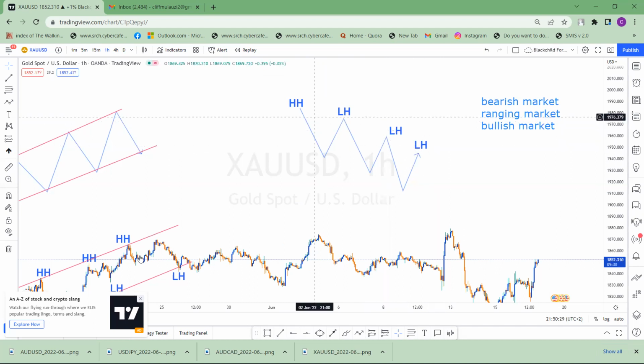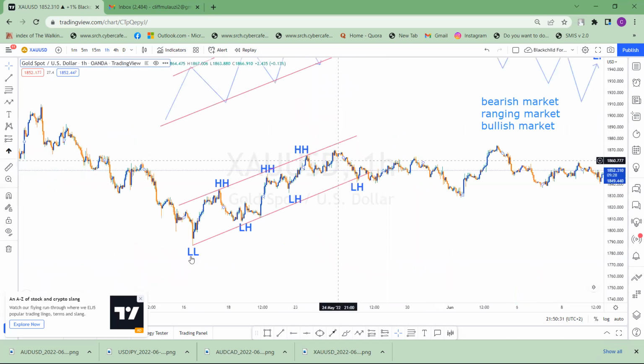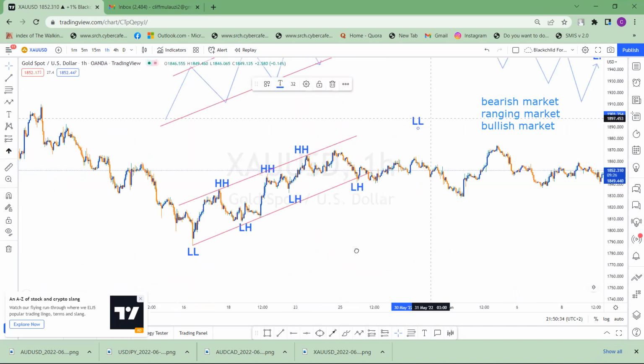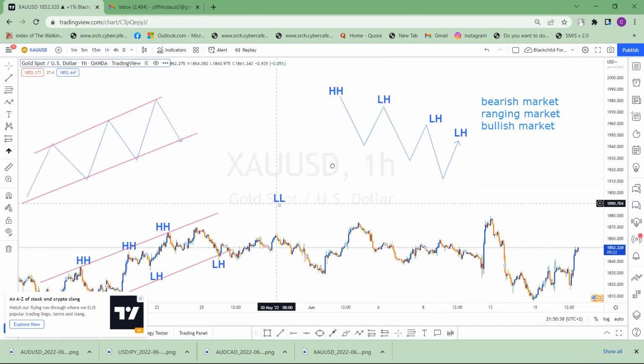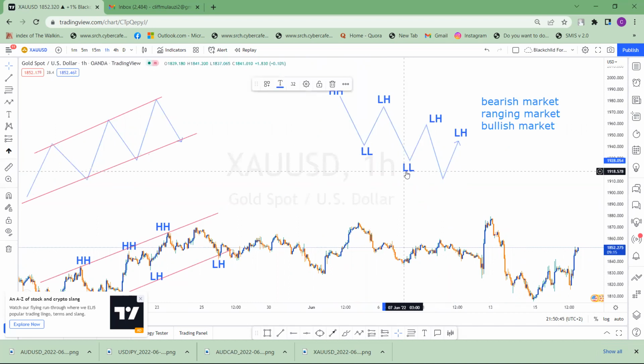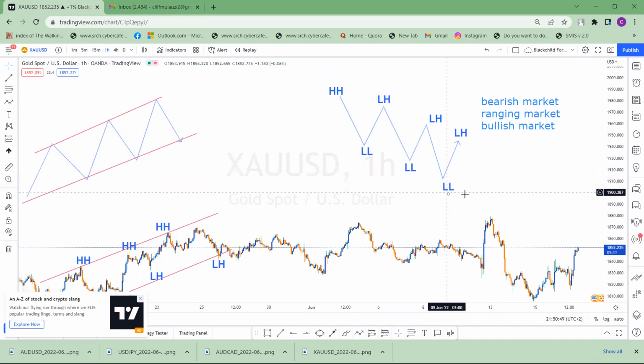And then you have a lower low, a lower low, lowest low, and lowest low. Why?